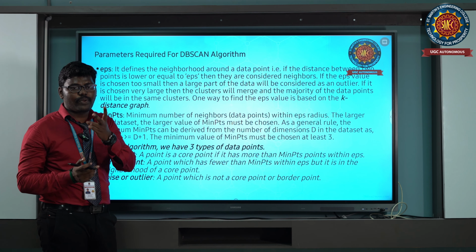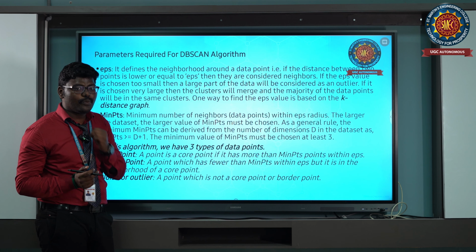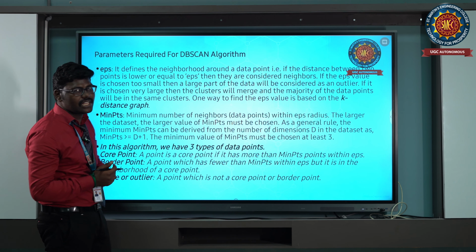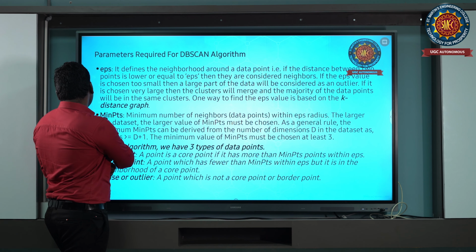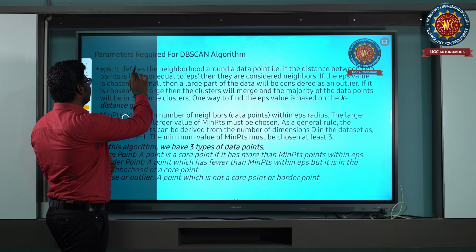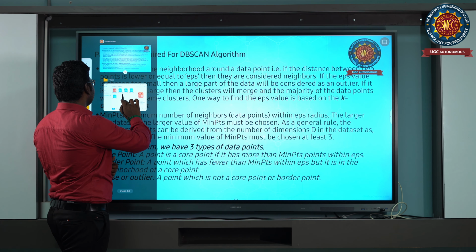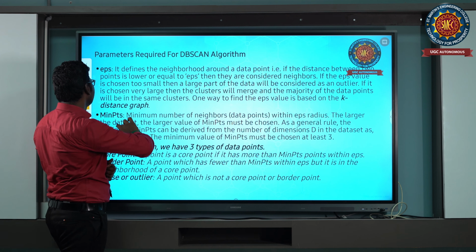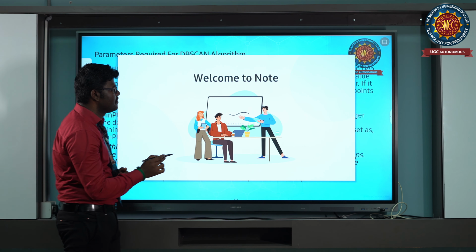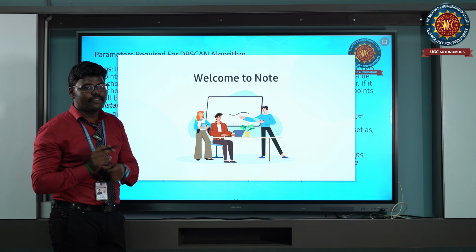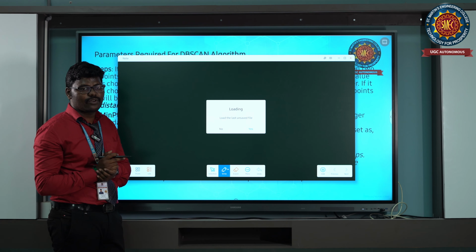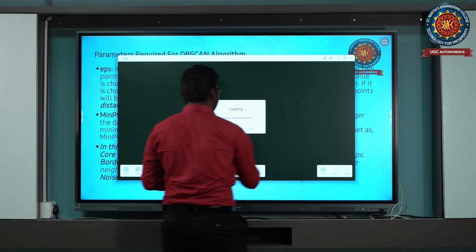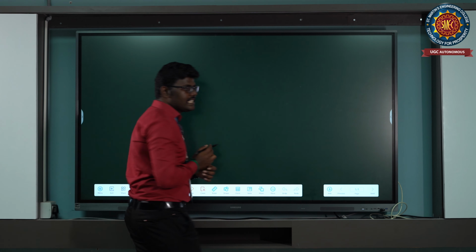So here we require two parameters. One is epsilon, another one is minimum points. So what is the epsilon?